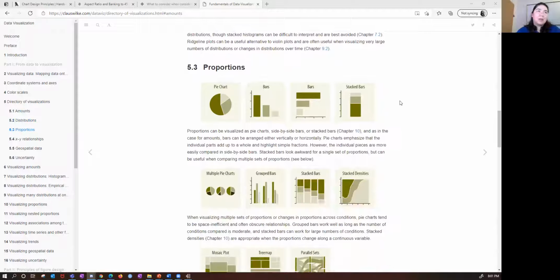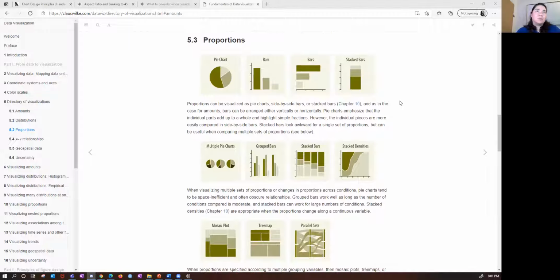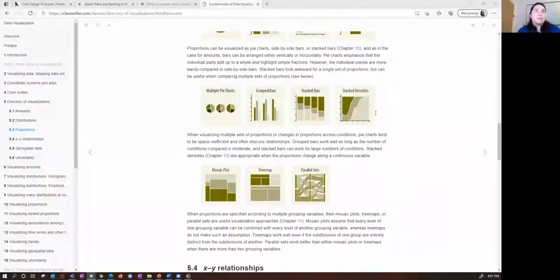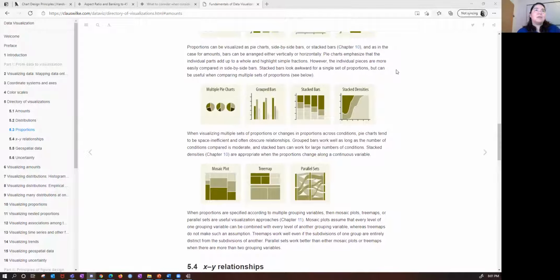Yeah, proportions we were going to do next week. So that's when we're using our bars for percentages instead of counts. Things like pie charts, stack bars. So that's all when we're looking at percentages instead of actual numbers.